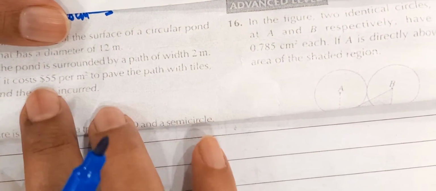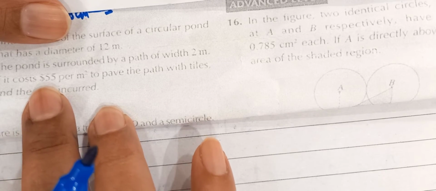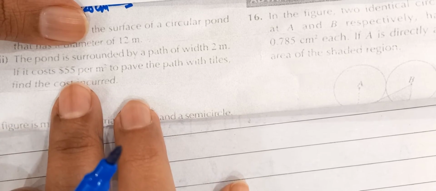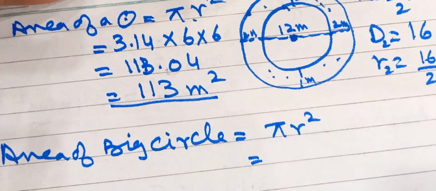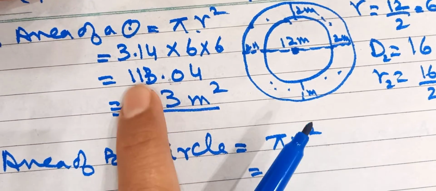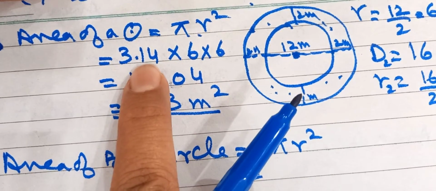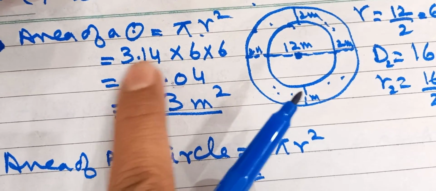One thing we should keep in mind is that whenever we have to find out the cost, we have to be very particular about the decimal places. We must not round it off to two places or one place of decimal. Here I don't have to find the cost, so I have used 3.14 as the value of pi.